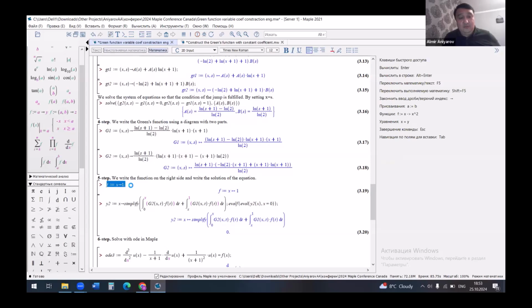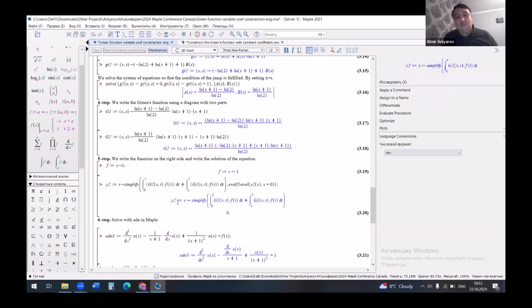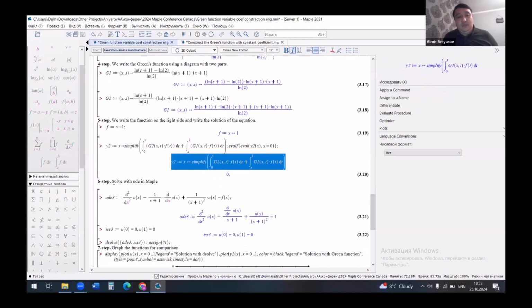After that, I can construct the Green function, which looks like this form, and take any right-hand side function f(x). I take this as one, any function, and the solution looks like this form.